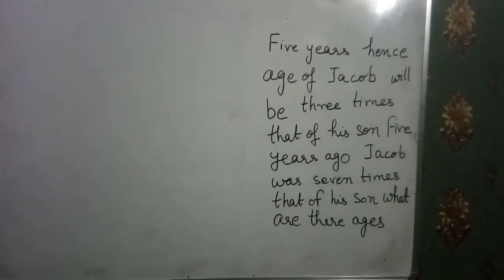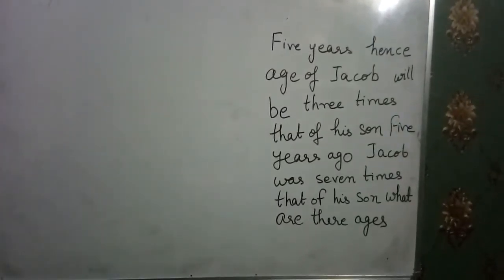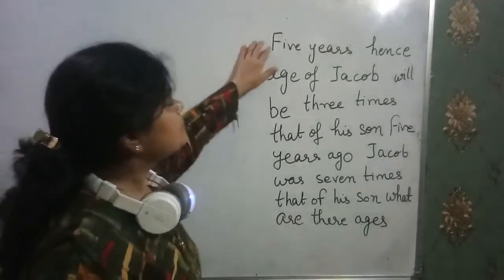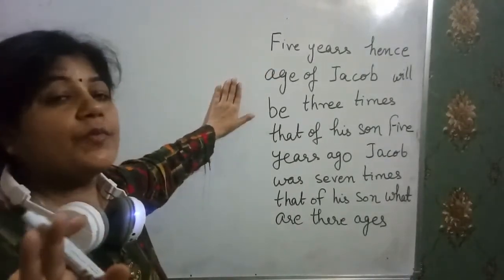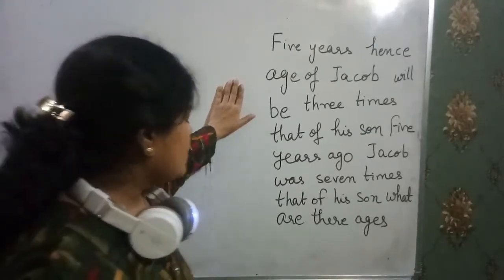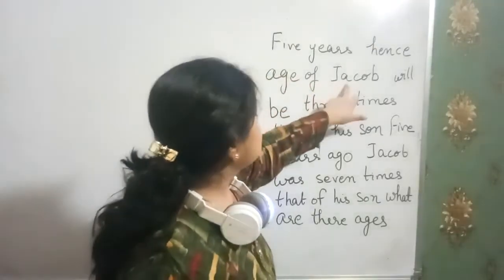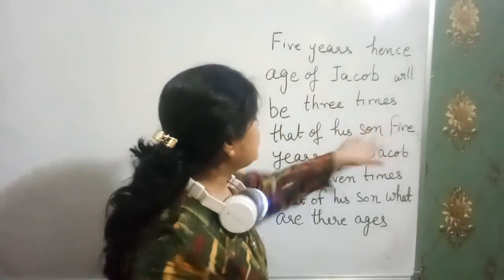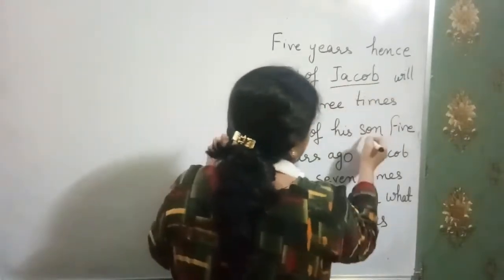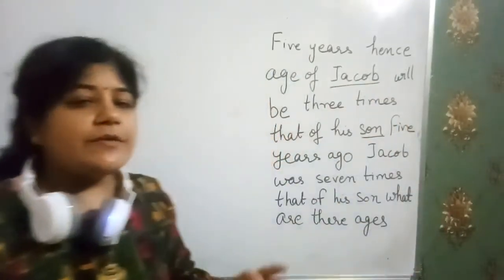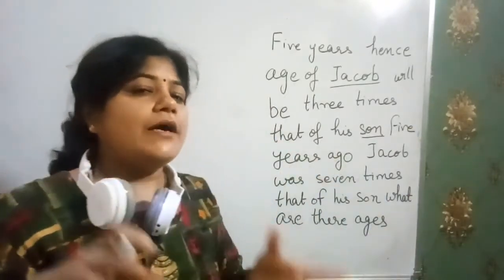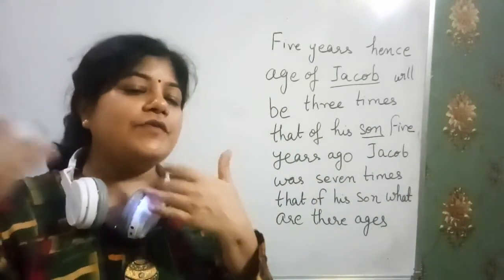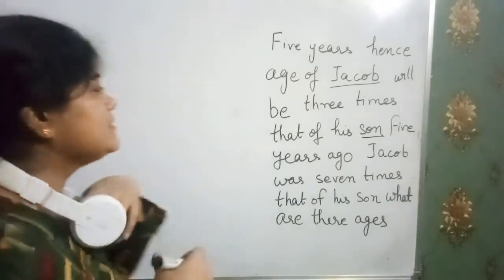Now see one more problem regarding age. Here, firstly find the two people. Who are the two people? Jacob and his son. That means there are two people, father and his son, and ultimately we know that the father is older than the son.